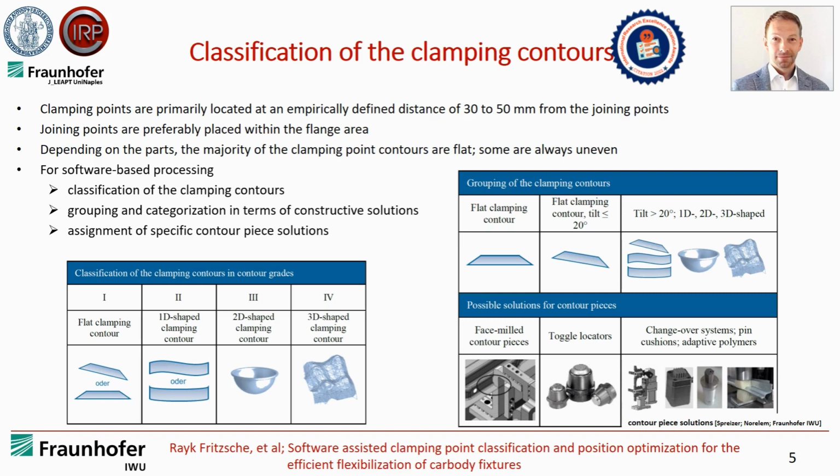The group 2 contours can be realized with such toggle locators, and for the more complex contours in group 3, we can use such changeover systems or such examples of pin cushions, or we also do some developments at the Fraunhofer Institute with adaptive polymers.